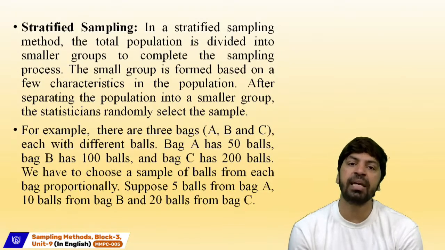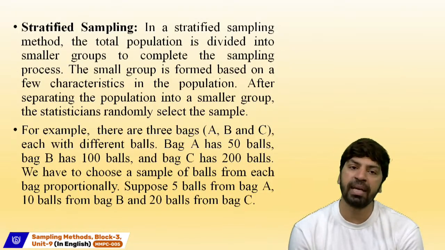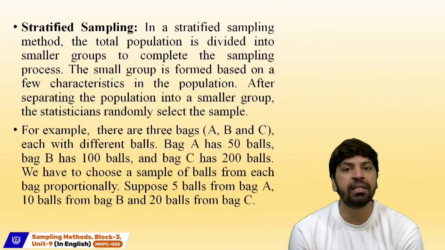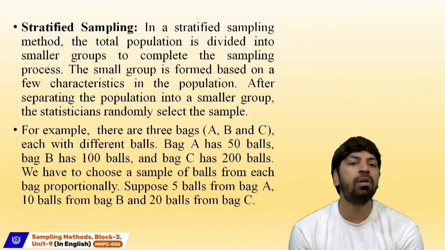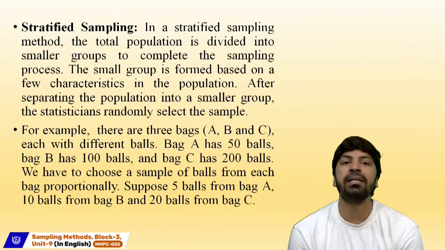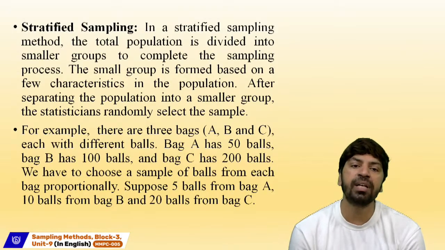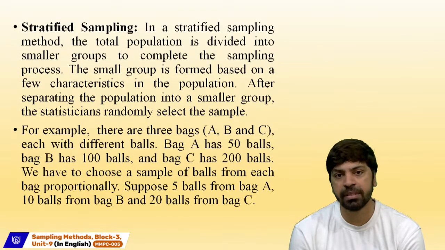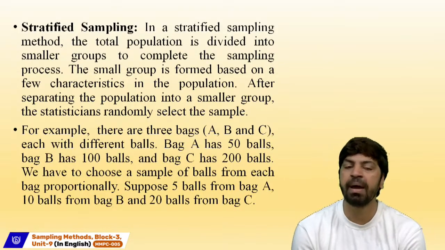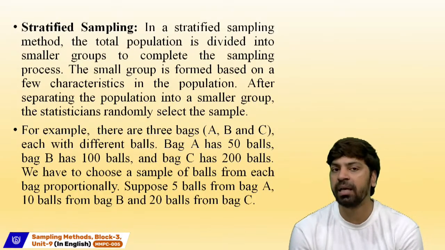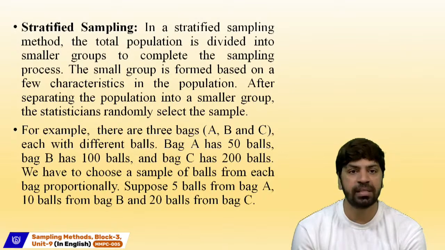That means we have divided by 10 the number of balls in their respective bags, and we have stratified, dividing the groups into small numbers. That is 5 balls from bag A, 10 balls from bag B, and 20 balls from bag C, and that is exactly called stratified sampling.